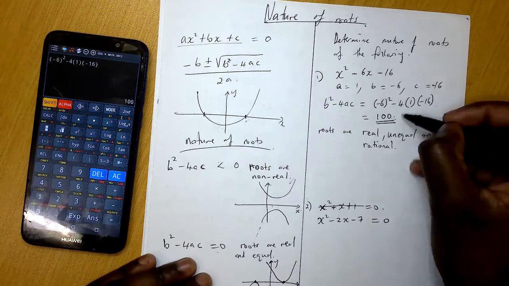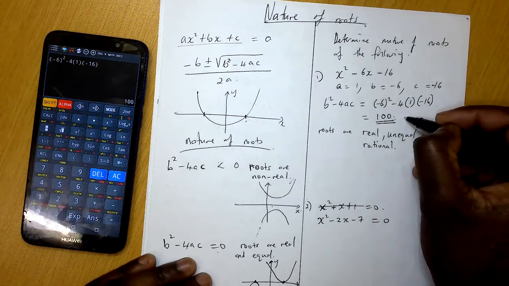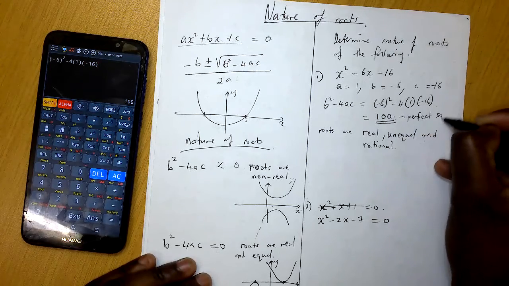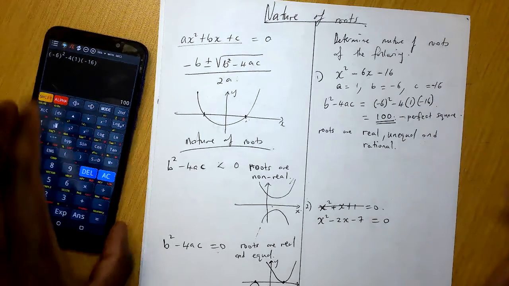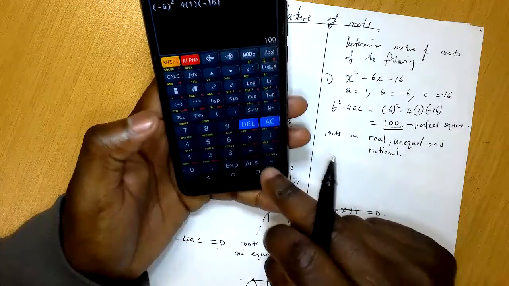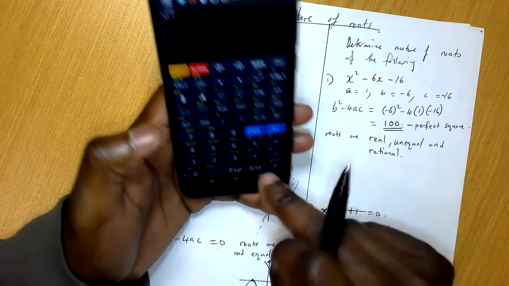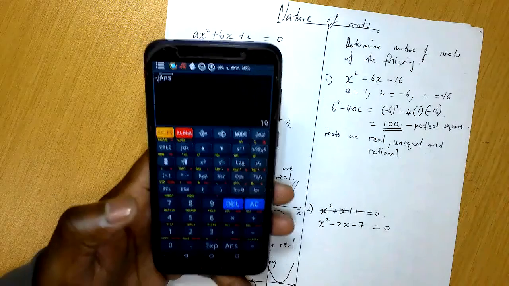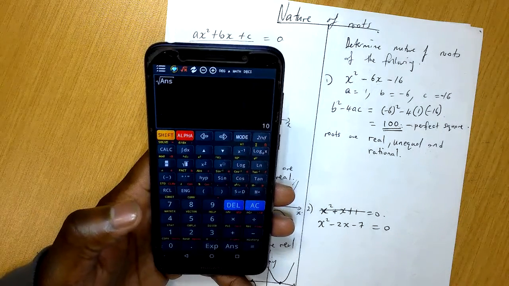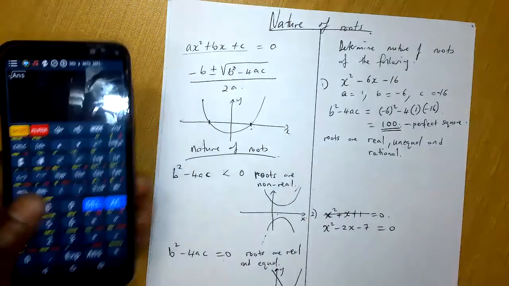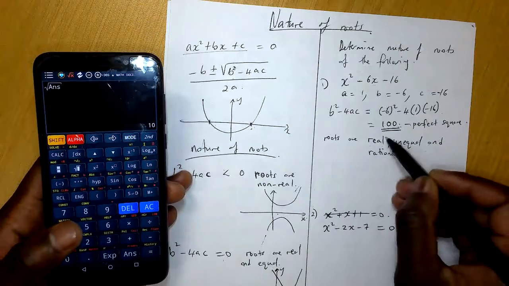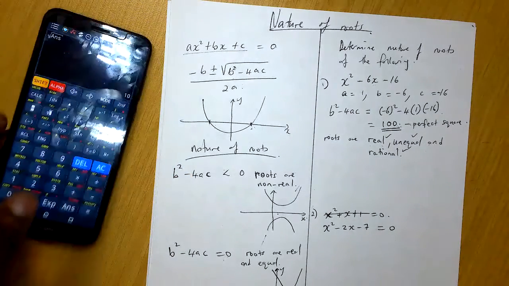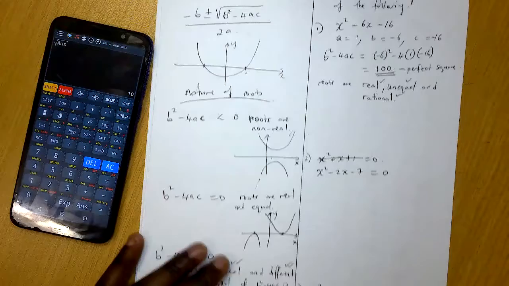Why is it rational? Because here the 100 is a perfect square. If you take the root of your answer, you get 10. So 100 is a perfect square, and your roots are real, unequal, and rational.